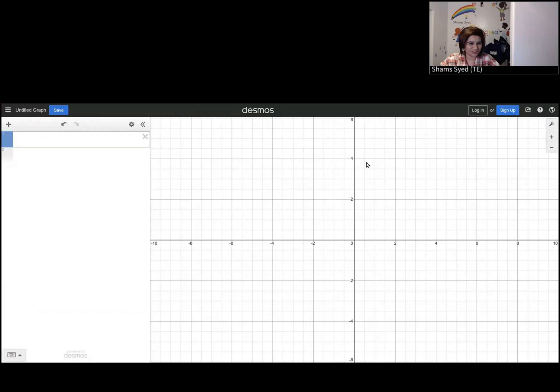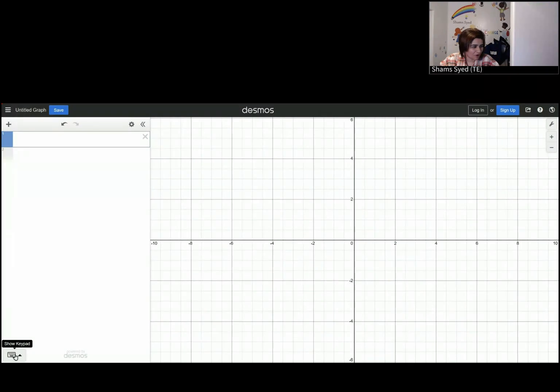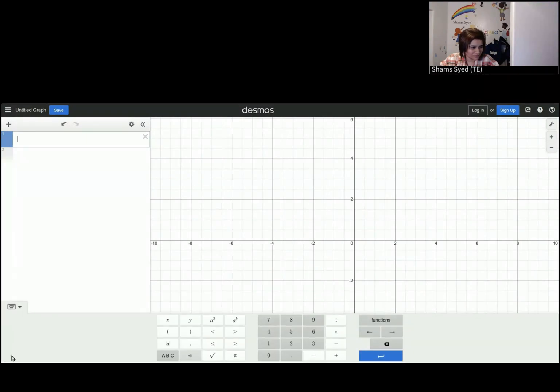For some of you, this is how the calculator might look. Hurrah, very fast. For some of you, this is how the calculator looks. Click this bottom left button, keyboard 1, and the keyboard opens up. The square root symbol is in the last row where ABC is.